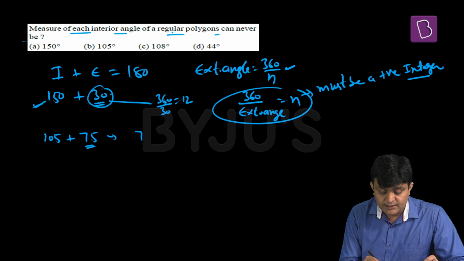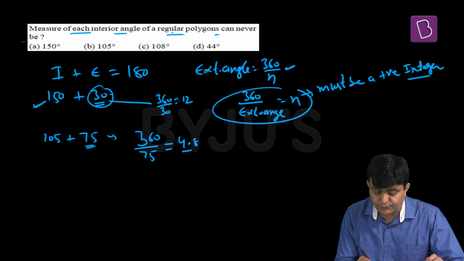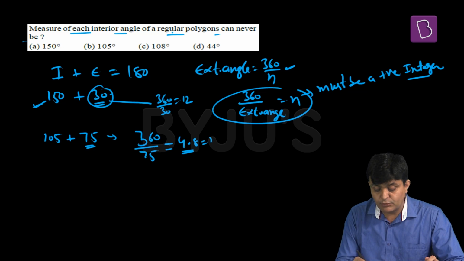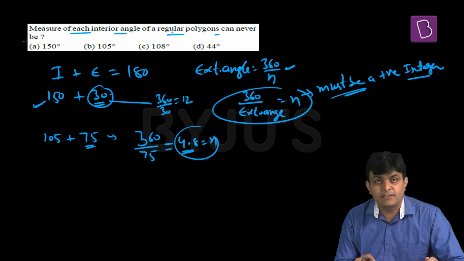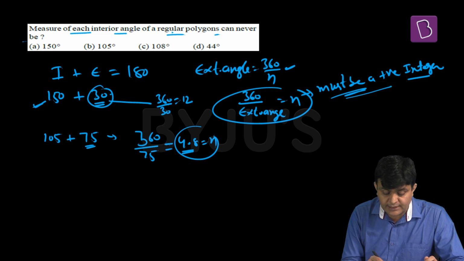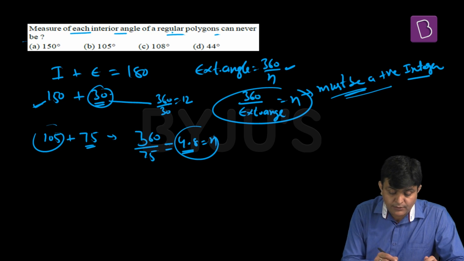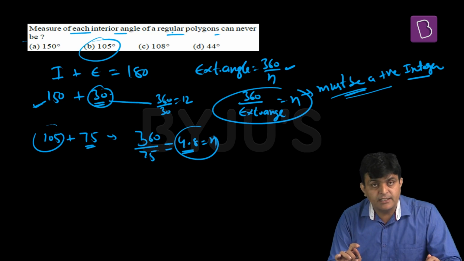Let us check: 360 by 75, is it divisible completely? It is 4.8. This is equal to n, and n can never be a decimal fraction because n must be a positive integer. So it cannot happen. It means 105 can never be an interior angle.